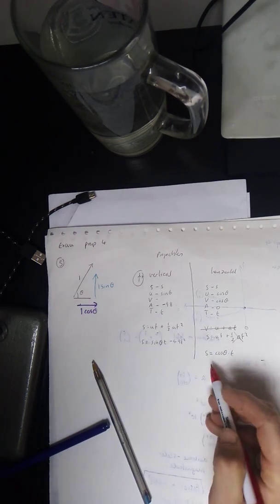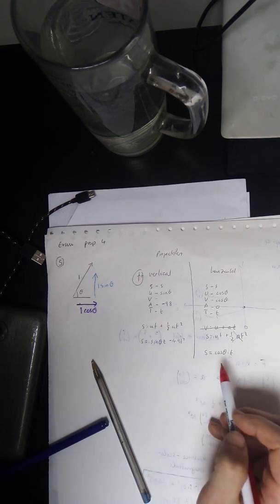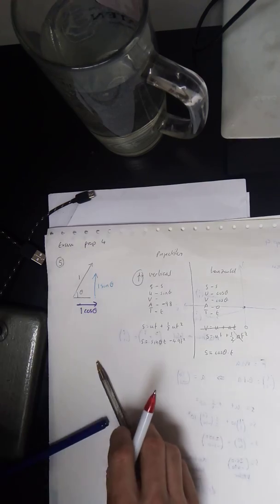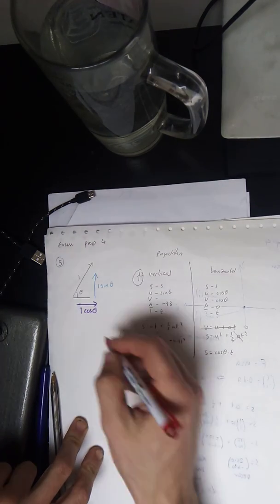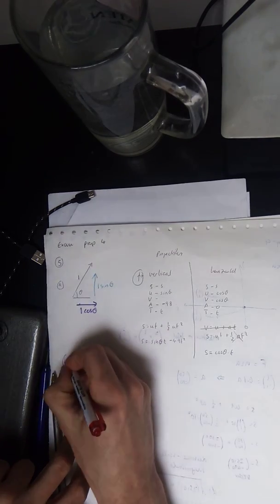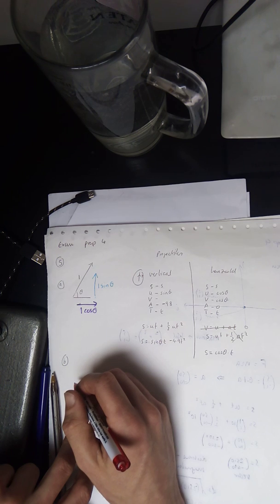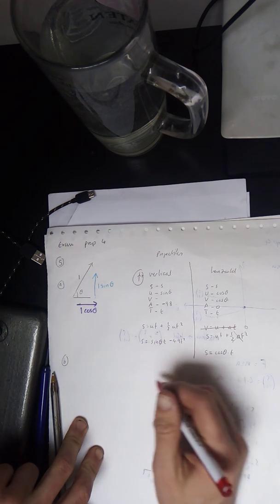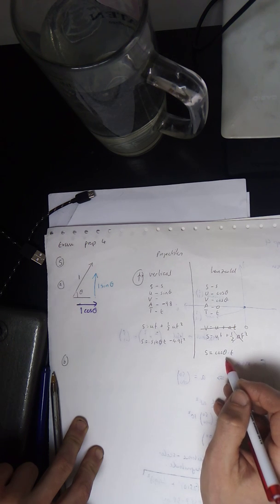Let's see. Okay, what about B? Show that the horizontal distance travelled by the particle before it hits the ground is sine 2 theta over 10.